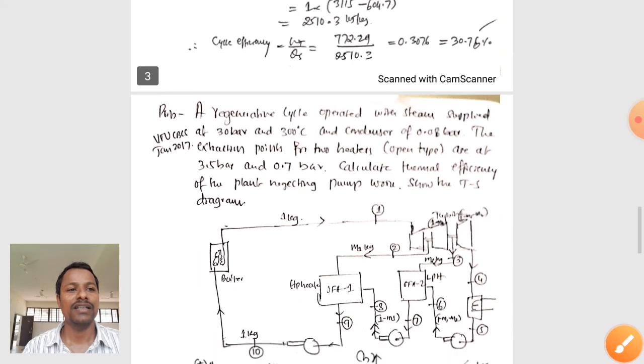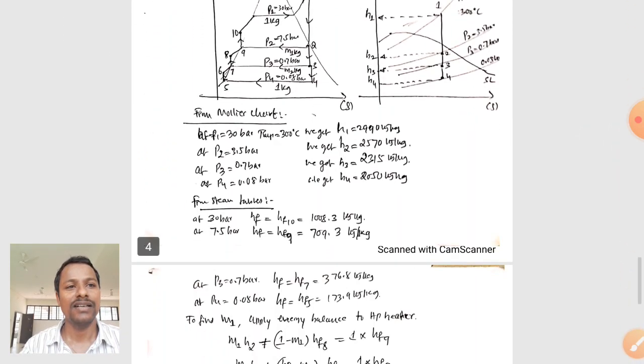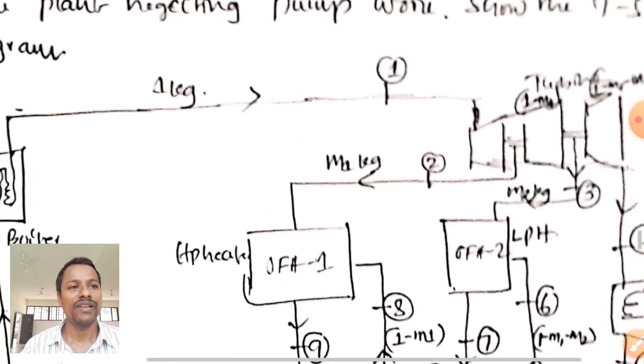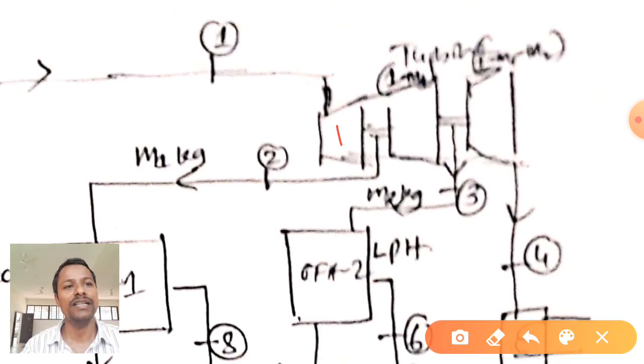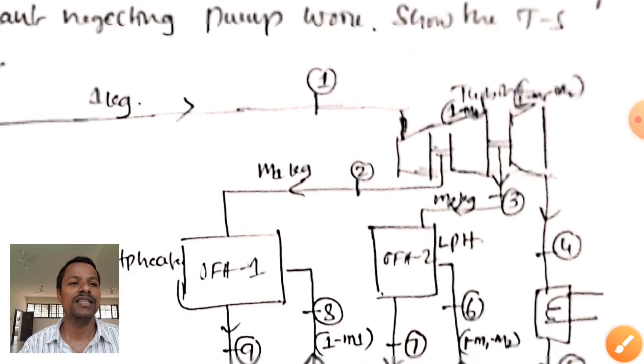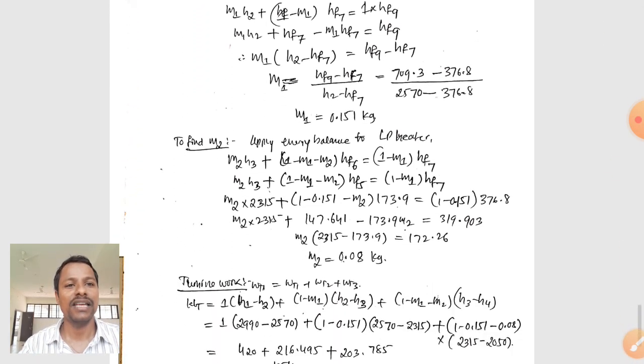For turbine work I need all the mass fraction values. In the first turbine it is 1, for the second turbine we have 1 minus m1, and for the third stage I have mass as 1 minus m1 minus m2. Therefore, I need the values for m1 and m2.